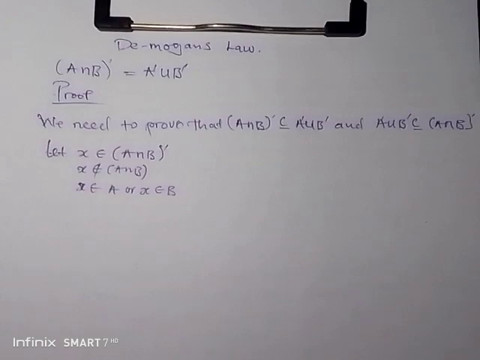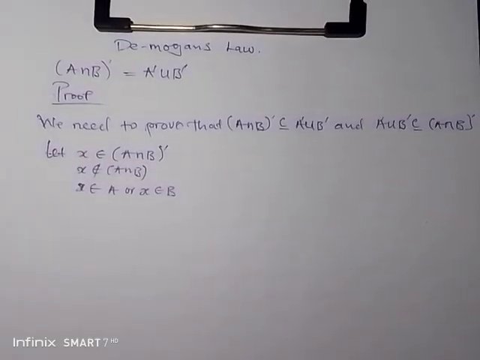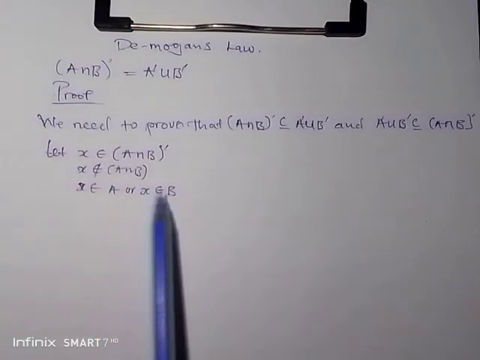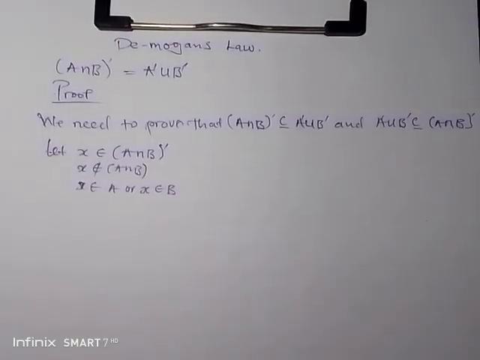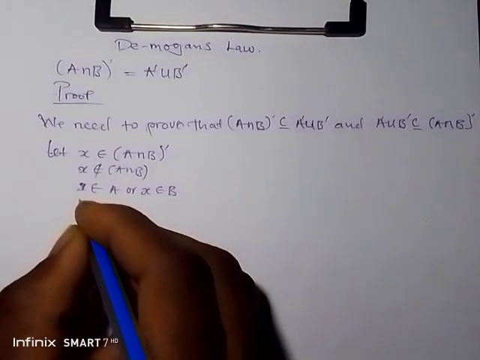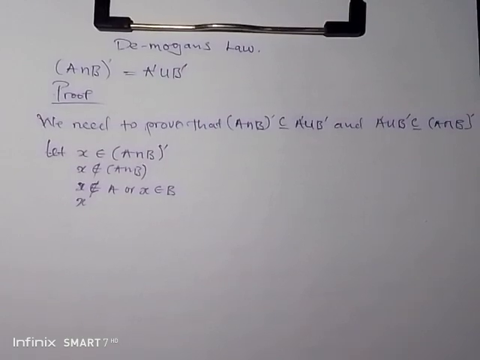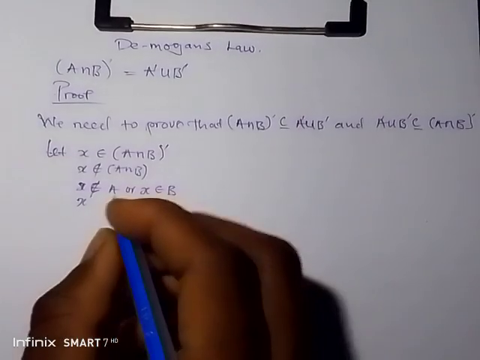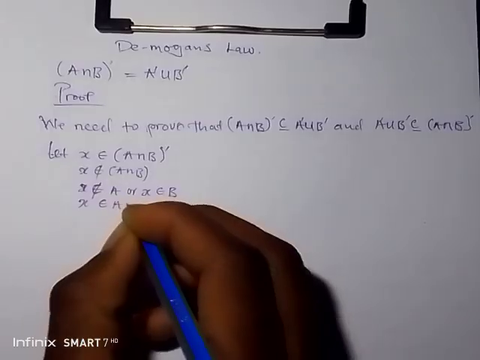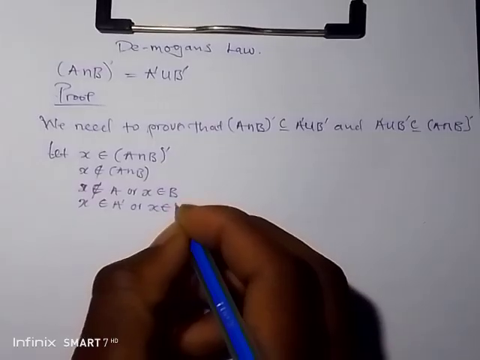You've seen it? If X is a member of (A intersection B) complement, it means X cannot be a member of A intersection B, or X cannot be a member of A, or X cannot be a member of B. Now, which set does X belong to? Since it is not a member, X is now a member of A complement, or X is a member of B complement.